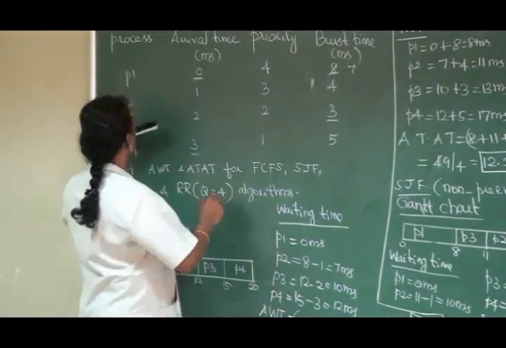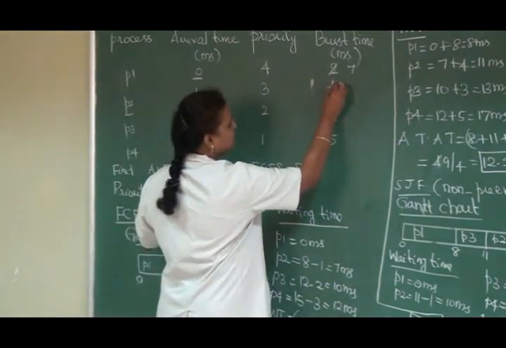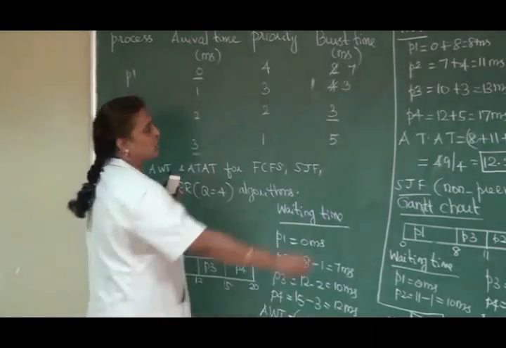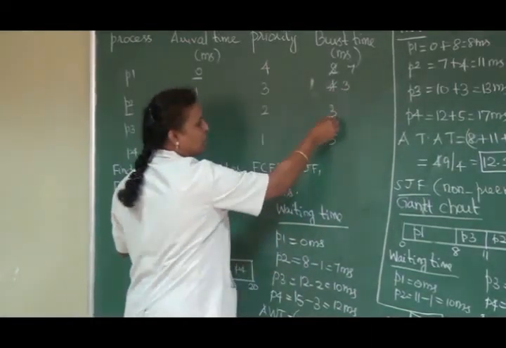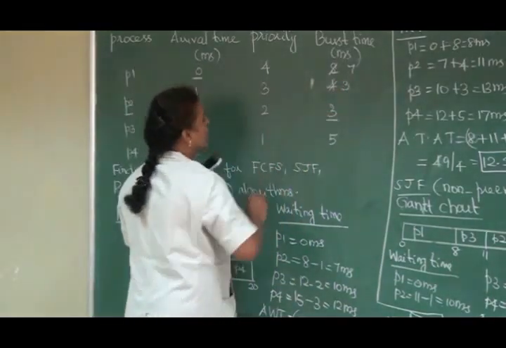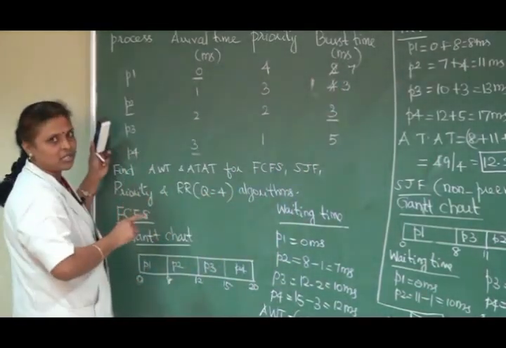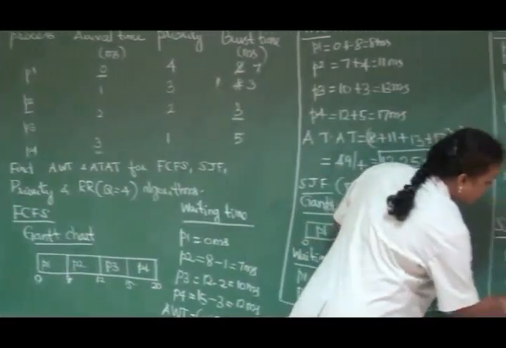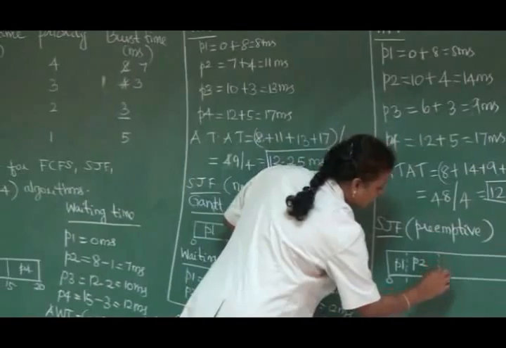So now P2 is executed for 1 millisecond again, and its remaining burst time is 3. So the remaining burst time of P2 is now compared with newly entered process P3's burst time. So both are equal. So P2 never gives up the CPU, it can continue its execution until the next process arrives.